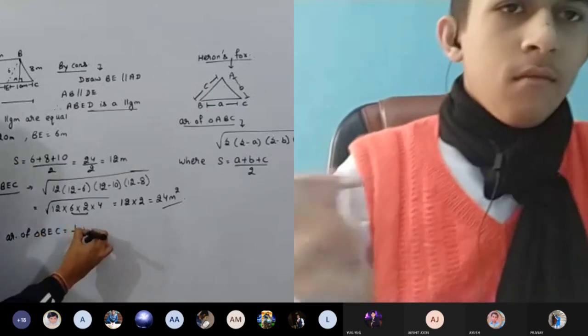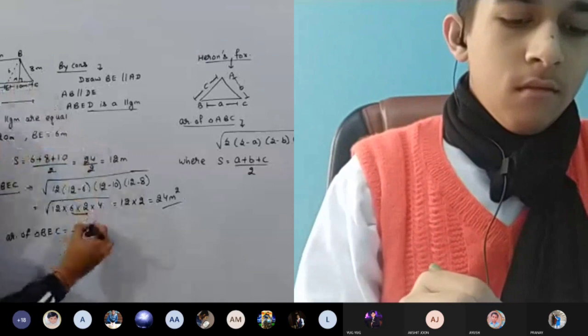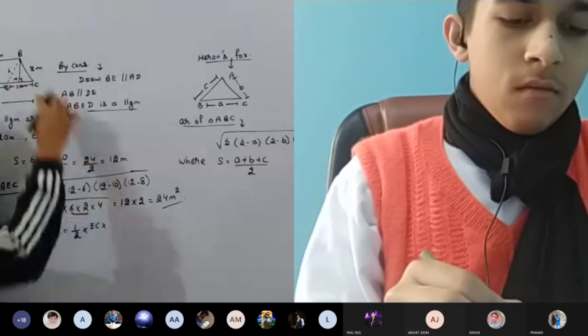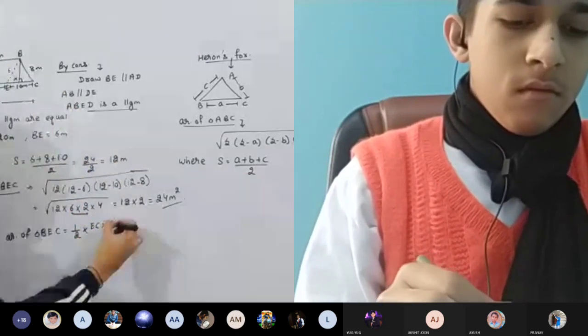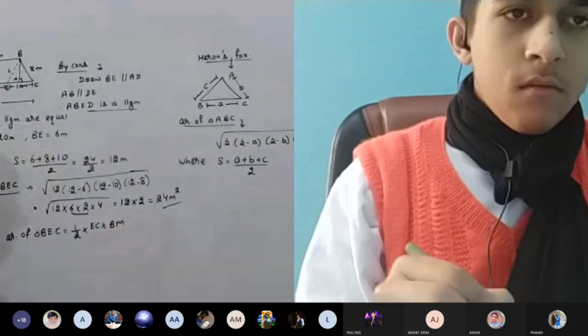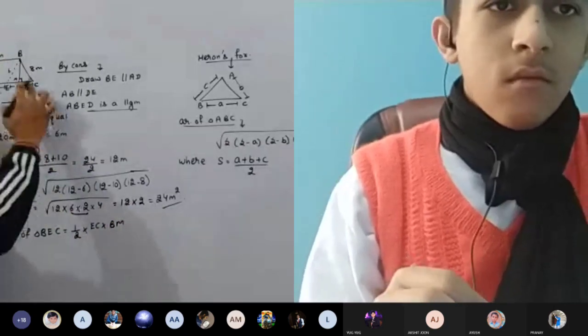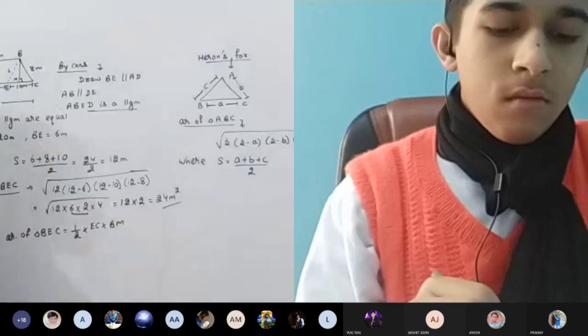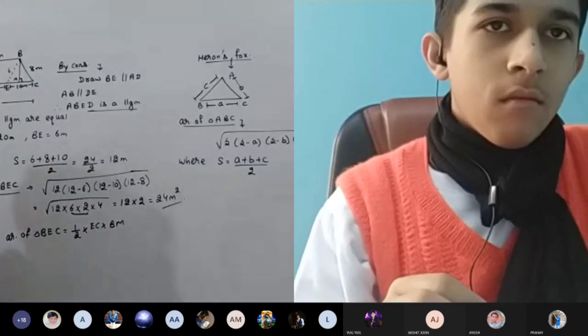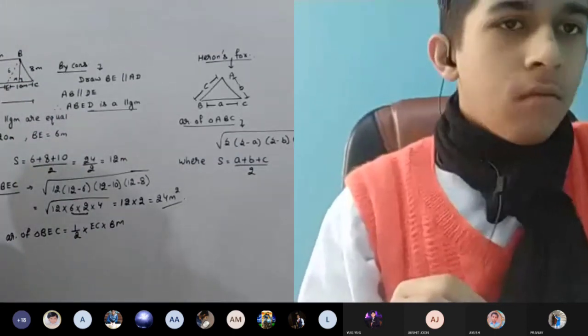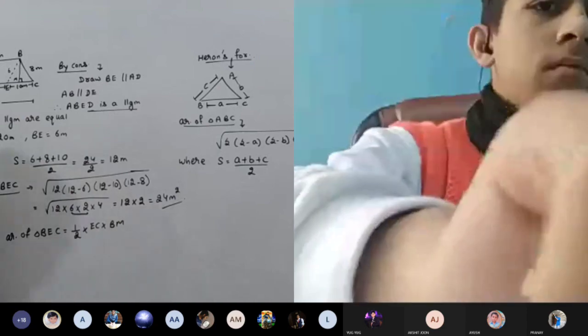Half into base. Base is this EC and altitude is BM. That is by using the formula half into base into altitude. Can I use this formula or not?